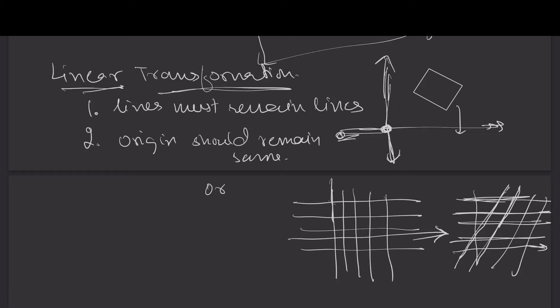These lines are still parallel and still evenly spaced. The space between them is still the same. If this is maintained, we can say our transformation is linear.